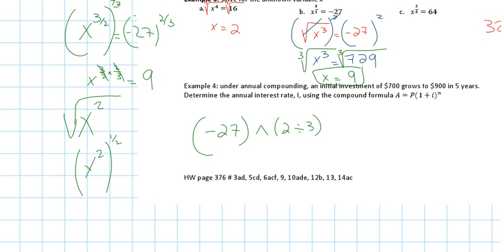Your calculator is the best. You know how we should do it? First, square root negative 27. But if you do it all together, it should work. It's the same thing.